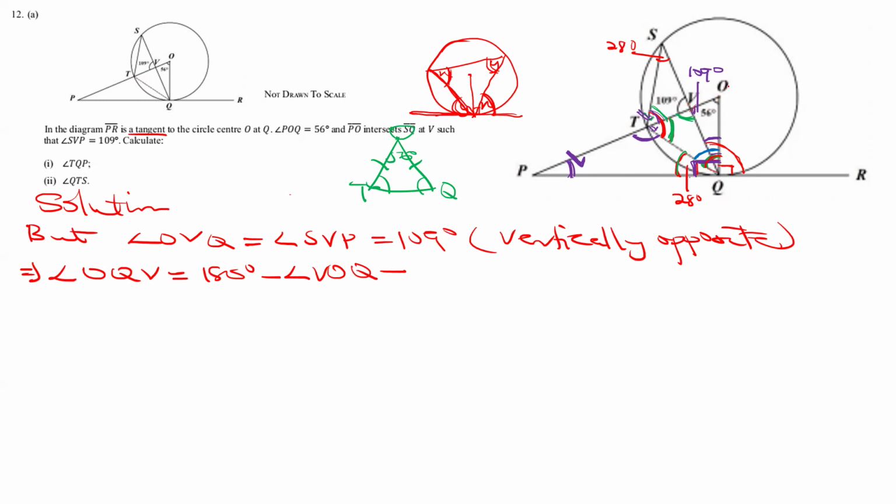So minus angle VOQ, then minus this angle, angle OVQ. I hope you get my point. Angle OVQ, this is what you have there, because you are dealing with angles in a triangle.